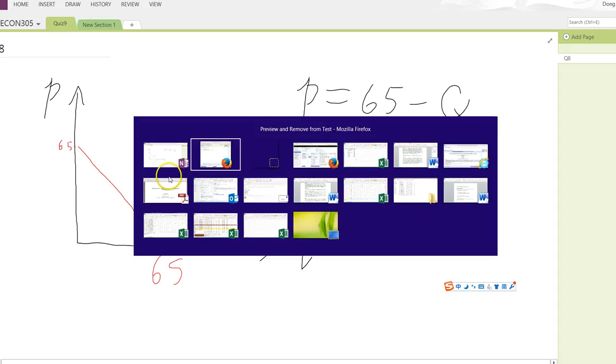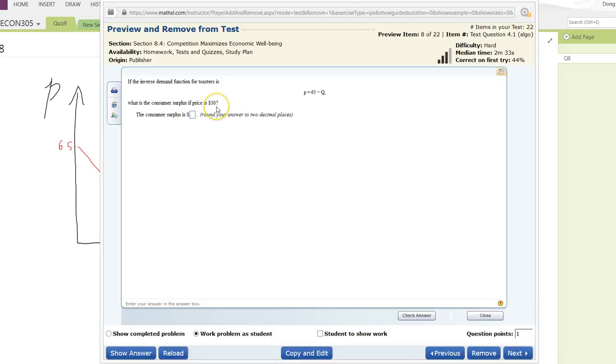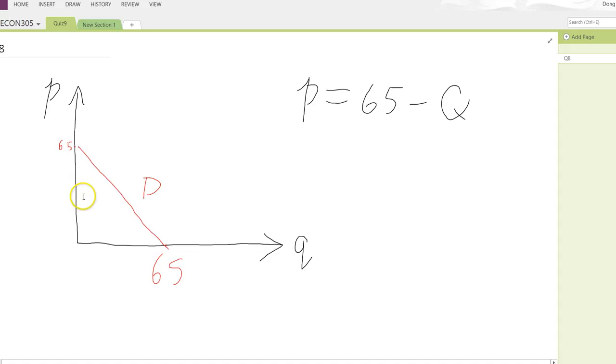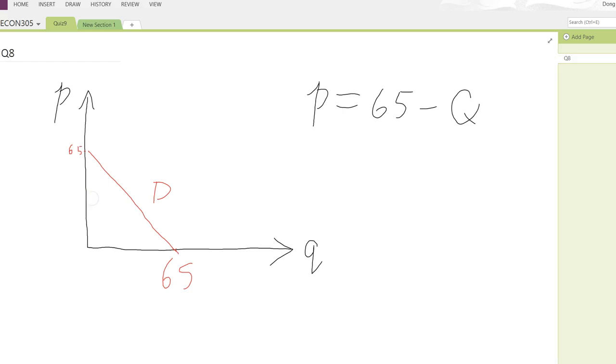And the question is asking when price equals 30. So 30 should be somewhere in the middle. Okay, so this is 30.